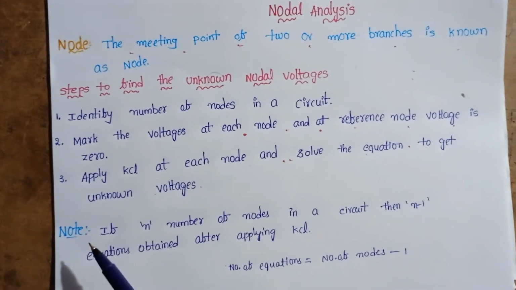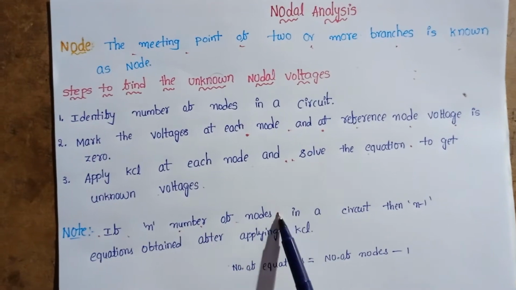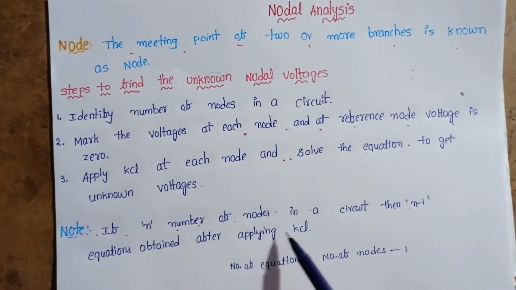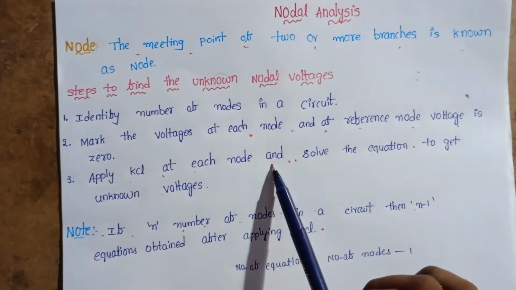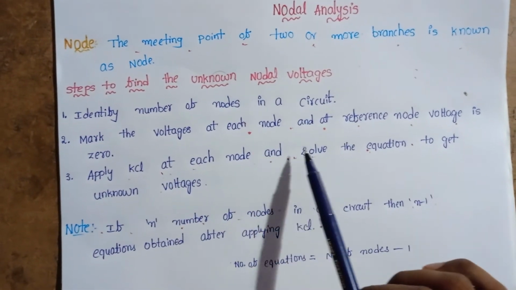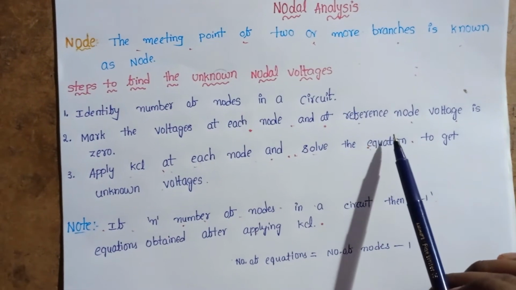Next, see some notes. If there are n nodes in a circuit, then n minus 1 equations are obtained after applying KVL. In the third step, we apply KVL at each node and solve the equations. After applying KVL at each node, we obtain some equations at every node.